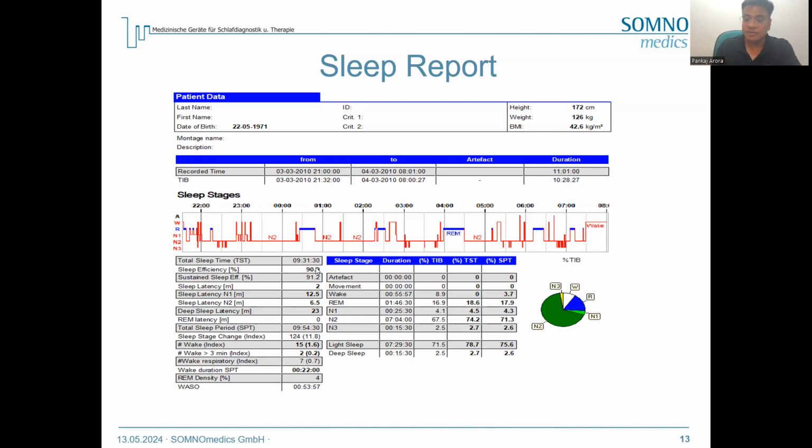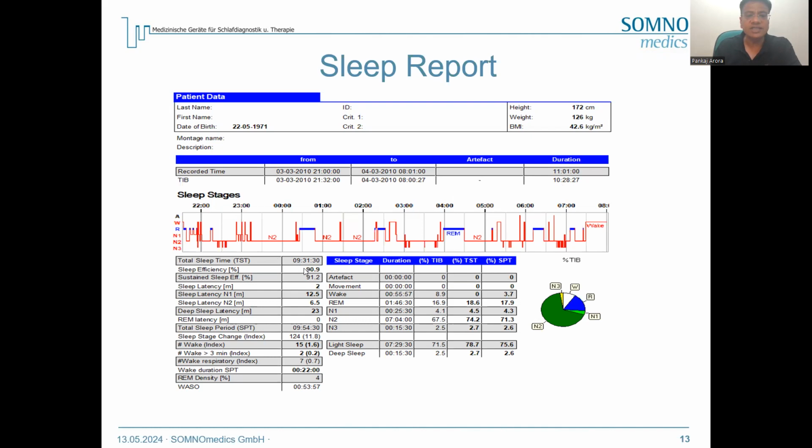How do you calculate sleep efficiency? I told you, total sleep time divided by time in bed. So total sleep time in this case, 9 hours and 31 minutes, comes to 9 into 60 is 540 plus 30, 571 minutes, divided by 628 minutes, which will come to 90%.